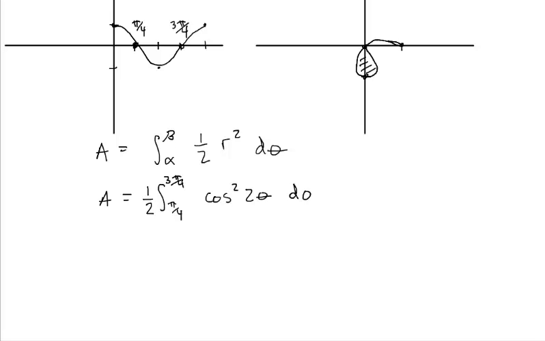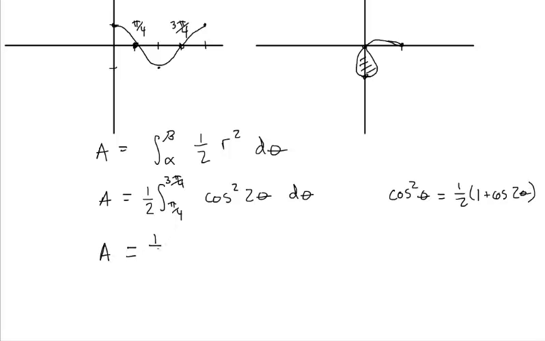And then for the next step, we're going to need to remember that cosine squared theta is equal to 1/2 times 1 plus cosine 2 theta. So now I'm going to rewrite this with our identity.